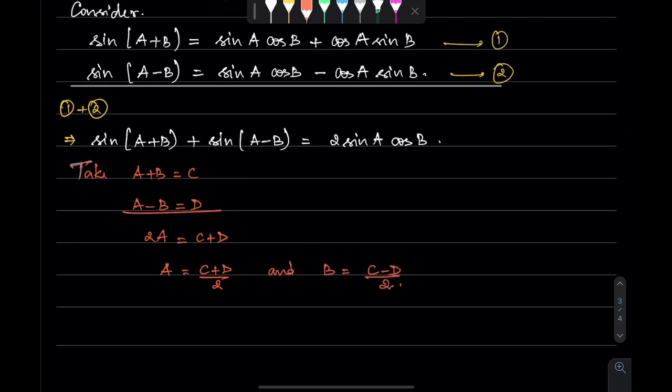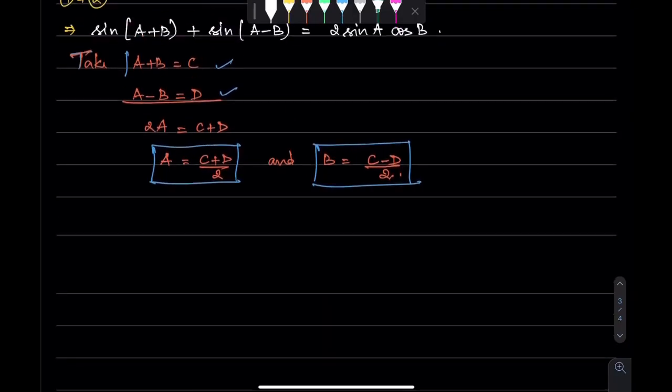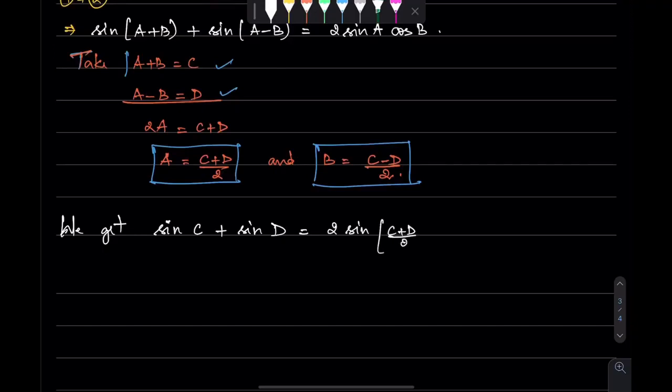So I'm going to take these values, and instead of A plus B and A minus B, we are going to substitute these 2, and instead of A and B, we are going to use this in this expression. So what do we get here? Watch this children, sine C plus sine D is equal to, what do I get? 2 sine C plus D by 2 cos C minus D by 2.